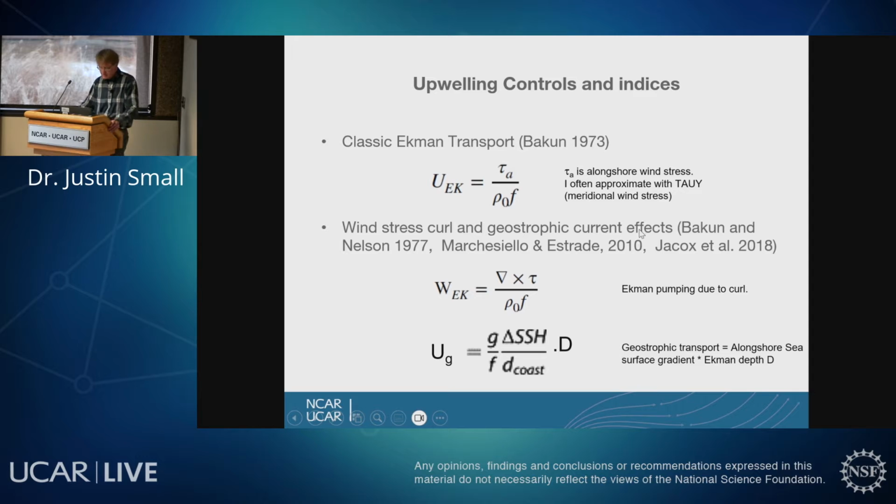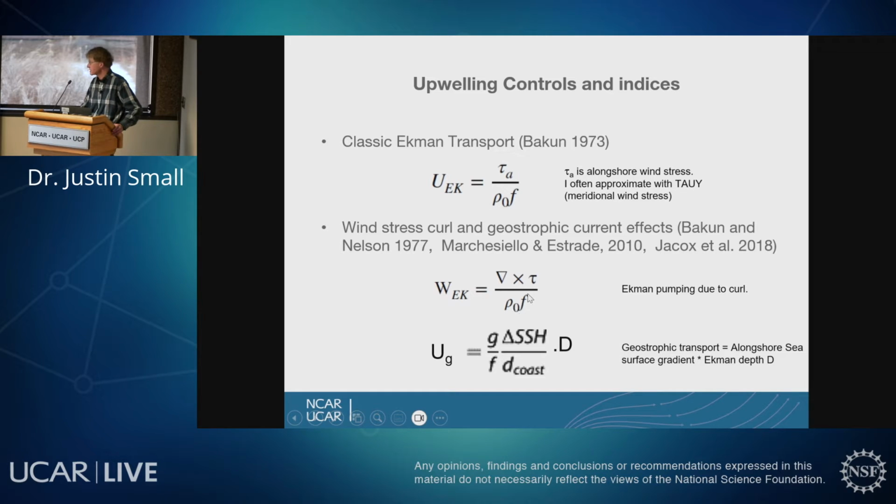And then since then, people have looked at more processes. So the wind stress curl, which I just talked about in the previous slide, and also geostrophic current effects, introduced in these papers. This is the curl of the wind stress, which is called the Ekman pumping, divided by density times Coriolis.